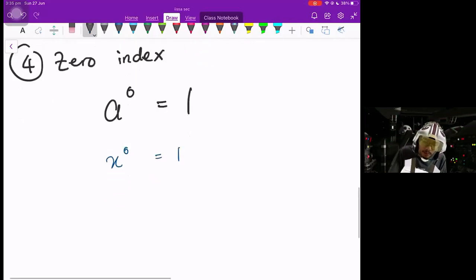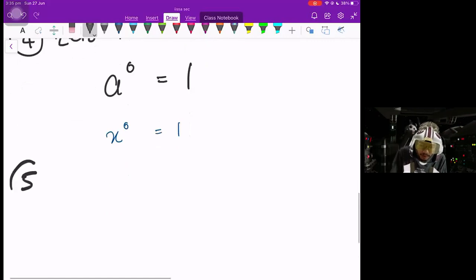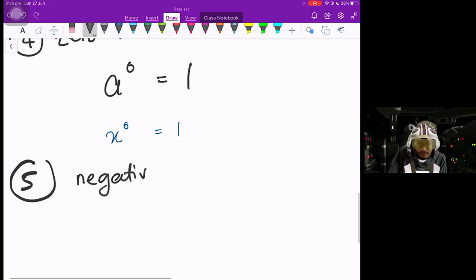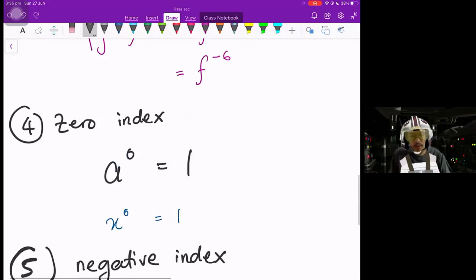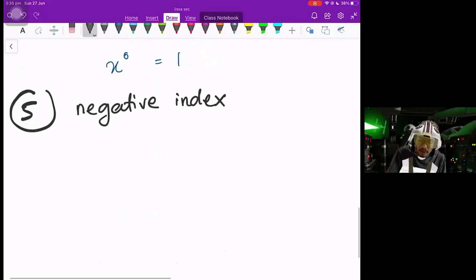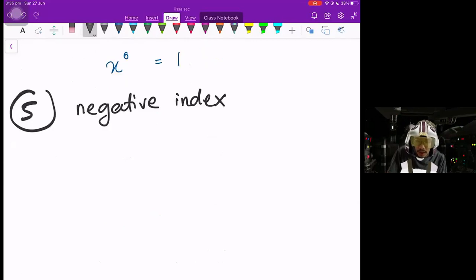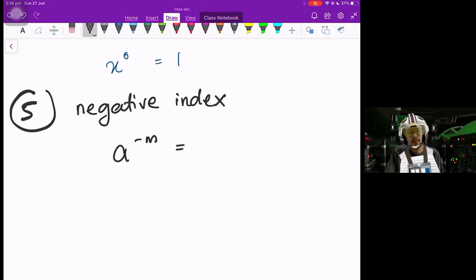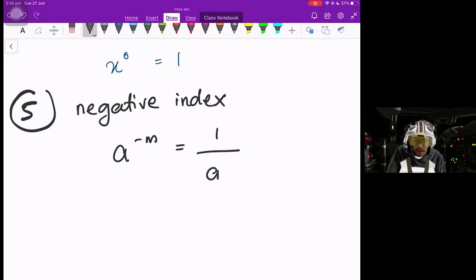Now we also have the negative index. You might ask here, Ustaz, how is this, because this is f to the negative 6. So let's take that example back. Let me write the rule first. If you have a negative index, a to the negative m, what this means is actually 1 over a to the m.